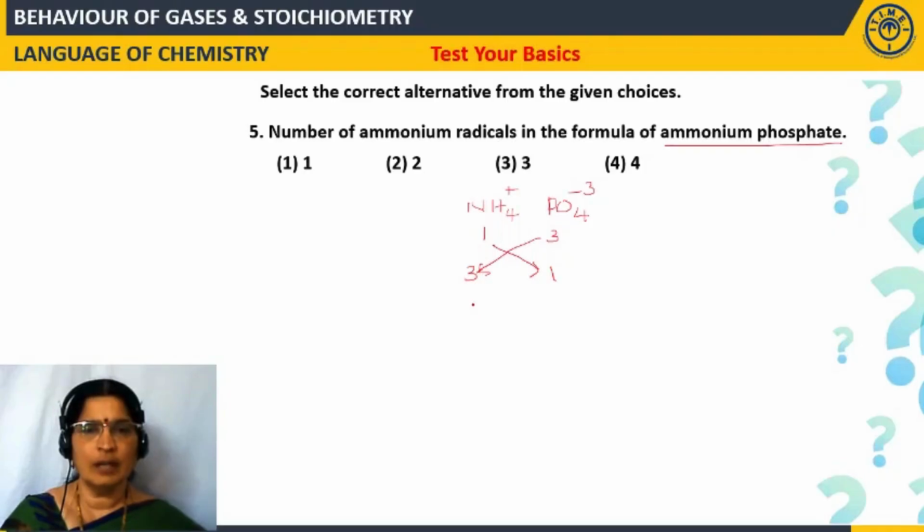Now, how do we write the formula? NH4, because it is 3, we write 3 as the subscript: (NH4)3PO4. Means how many radicals does it possess? So 3 NH4 plus radicals and 1 phosphate radical. So the number of ammonium radicals in the formula of ammonium phosphate is 3. So we go with choice 3.